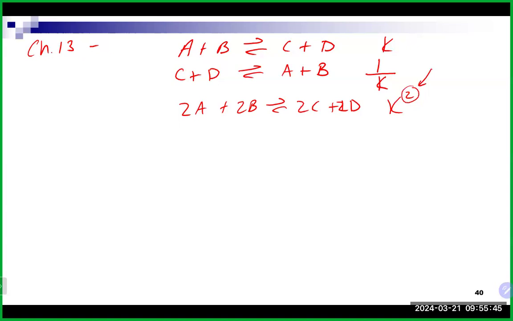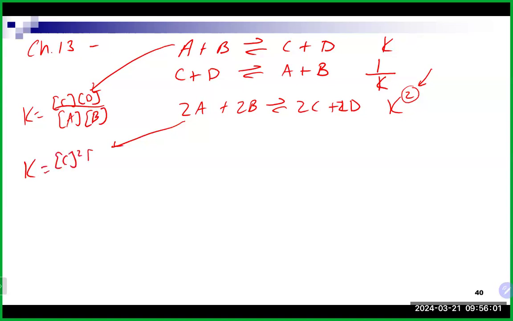If you look at the expression for this one, that is going to be C times D divided by A and B. When we multiplied by 2 across, our K becomes C squared D squared divided by A squared and B squared. So the relationship is the exponent. If you multiplied by 3, you would cube it, for 4, the fourth power, and so forth.